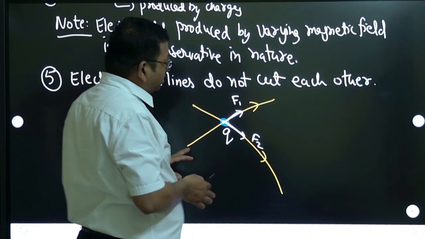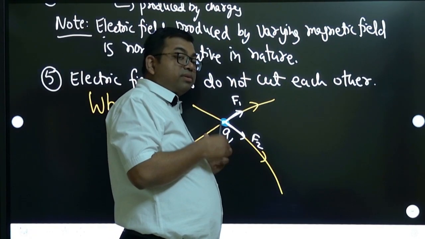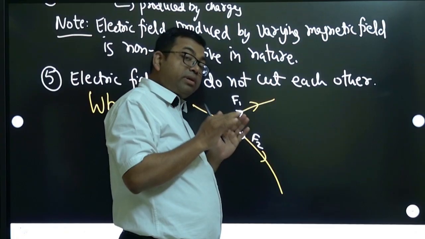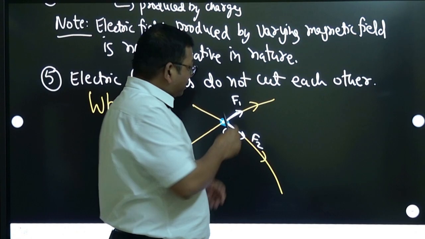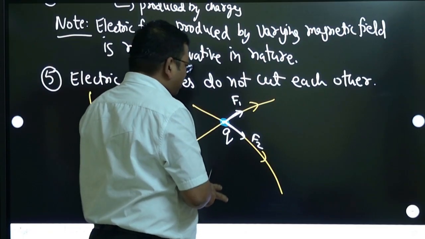In that case you can draw the vectors and theoretically calculate. Theoretical calculation is different, but practically it cannot have two directions.